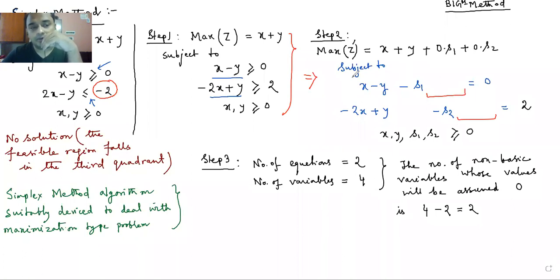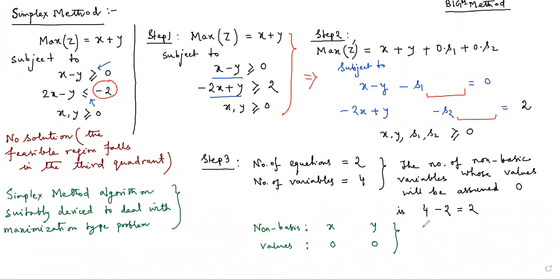So here also we'll keep the same convention, and the non-basic variables will be chosen as x and y. These are my non-basic variables, and their values will be given 0 and 0.